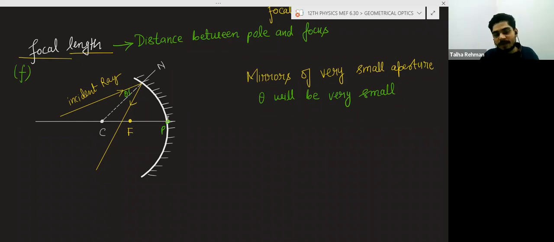There is a derivation, but I am not doing that derivation here. There is no requirement of that. So the formula to calculate the focal length is f equal to R minus R by 2 sec theta.